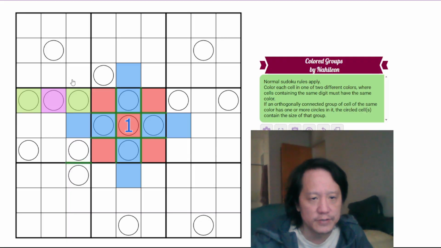This must be a boundary, and we can't see that. Maybe we should make it red. Red is usually easier for me to see. This is a boundary here. This is a boundary here. This is a boundary here. This is a boundary here. So we know those are all boundaries.